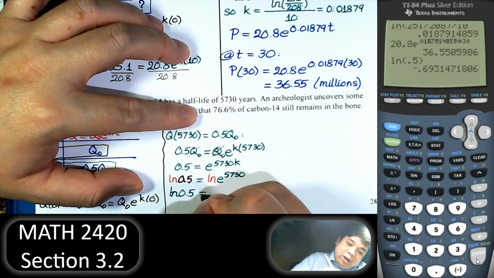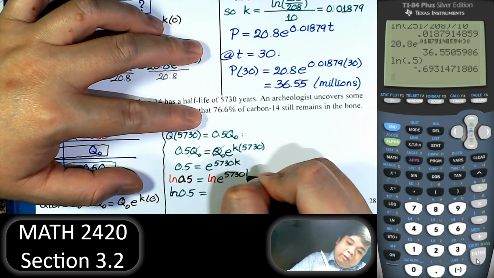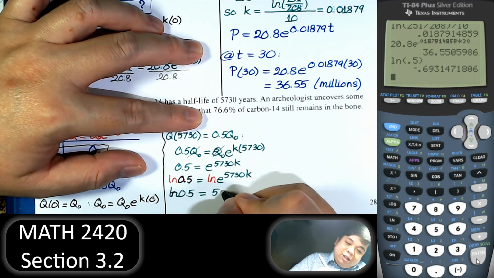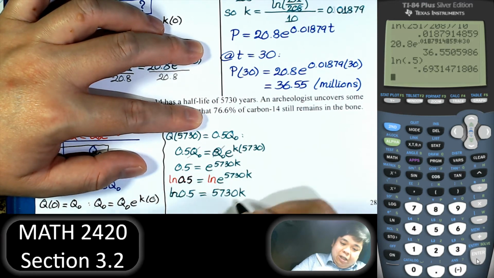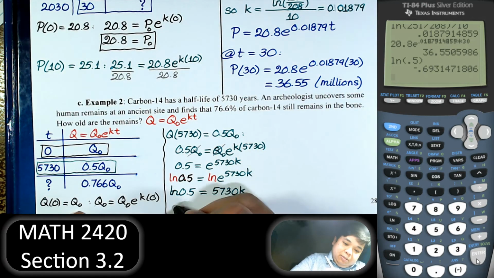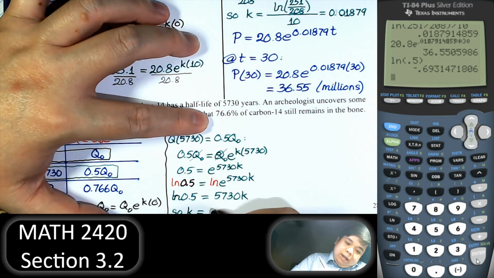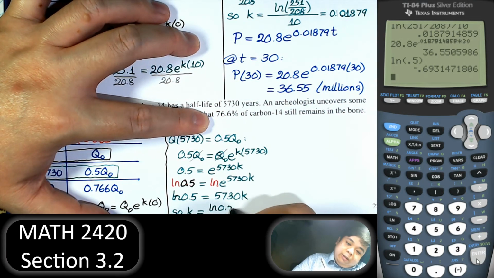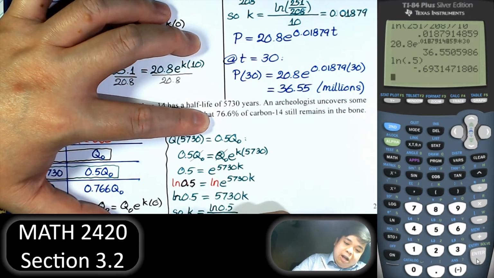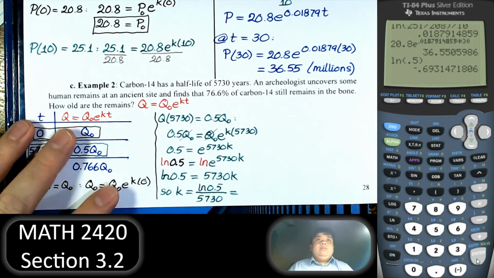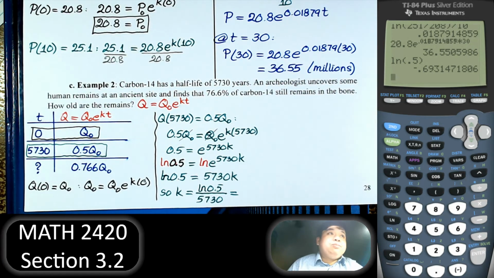ln and e cancel out. Oh, forgot the k, sorry. 5,730k. So we just solve for k. We have ln of 0.5 divided by 5,730.